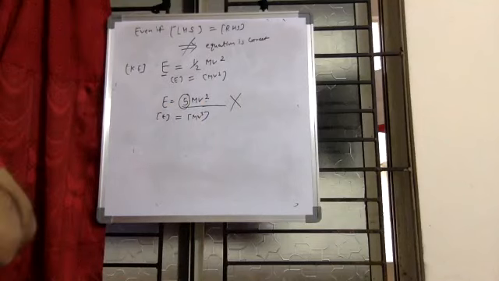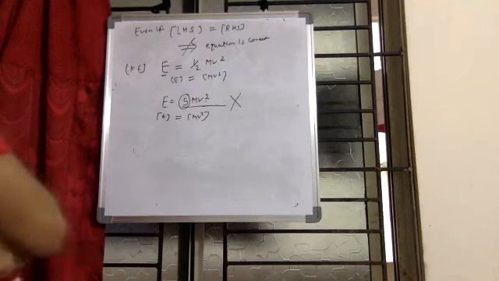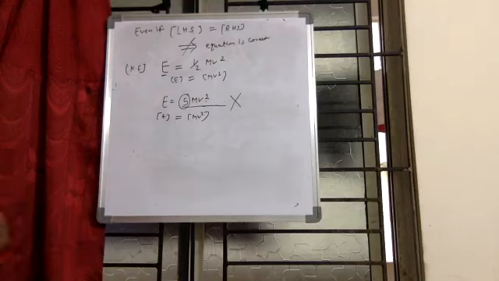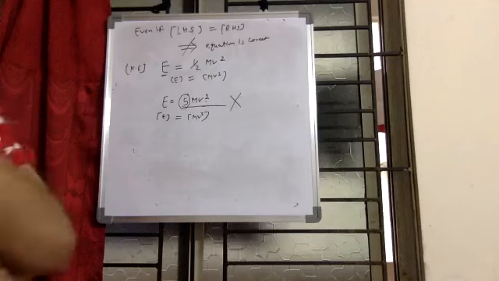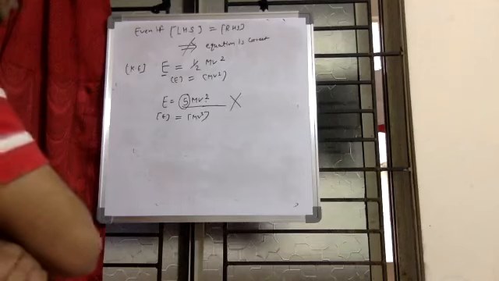So this was the third point. 2-3 points we have on this, we just have to remember. First one, what we discussed: if any equation exists, I'm always talking about the physical equation, related to physical quantities, that means the dimension of the left hand side will be same as the dimension of the right hand side.